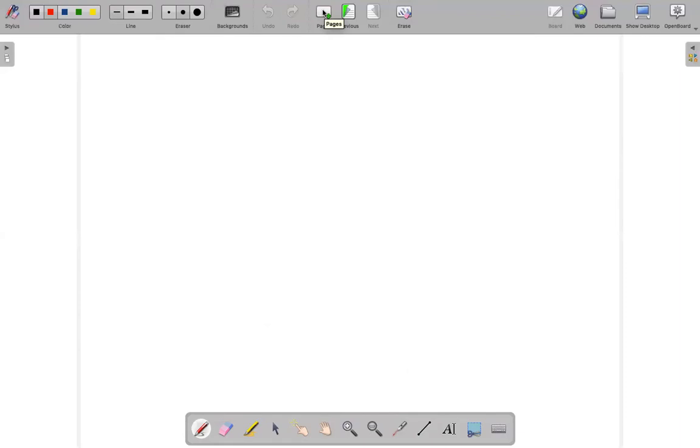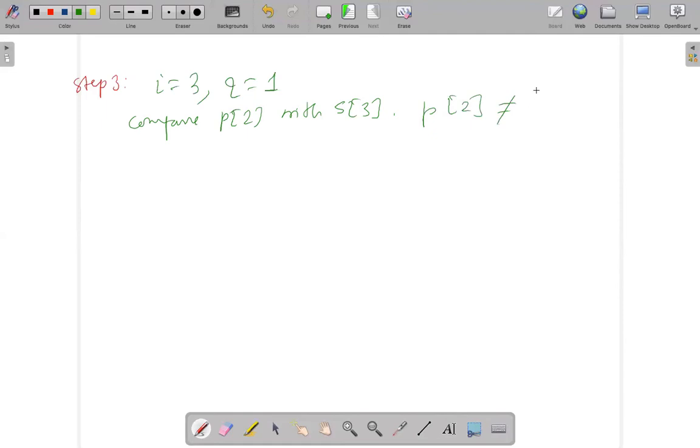After this point, since there is a match, in step 3, I is equal to 3, Q has become 1. Now we compare P2 with S3. At this point, P2 does not match with S3.